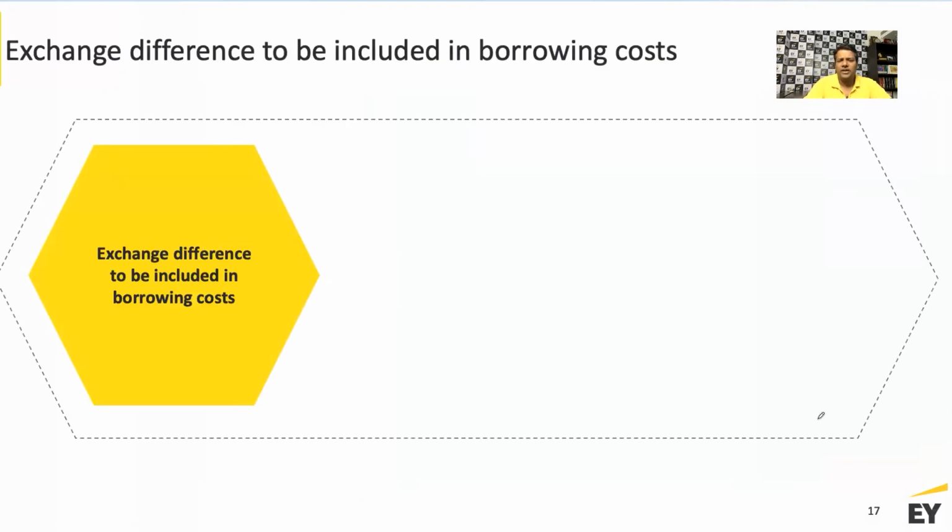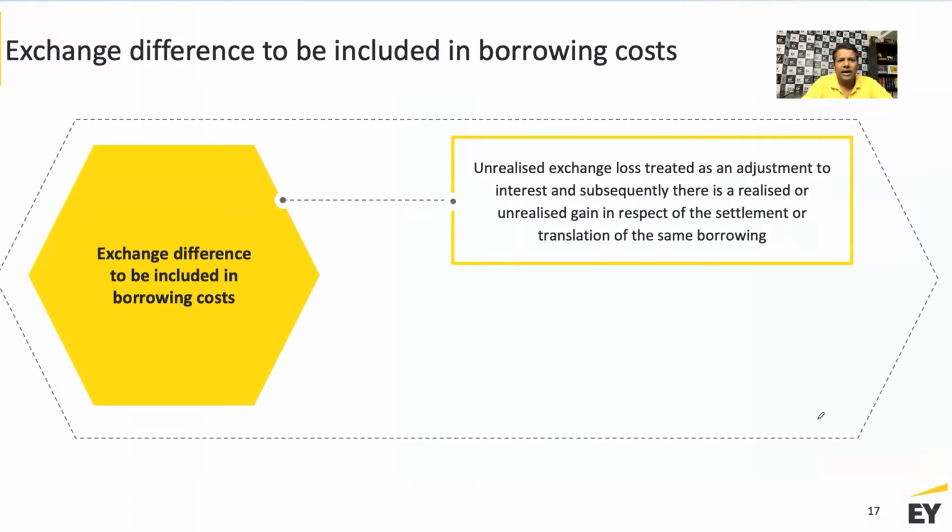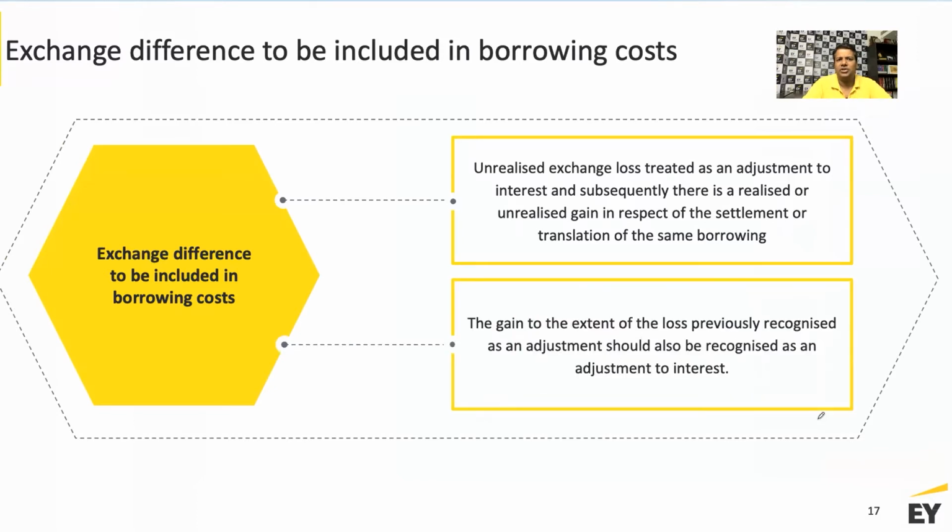So exchange differences to be included in borrowing cost are unrealized exchange loss treated as an adjustment to interest, and subsequently there is a realized or unrealized gain in respect of the settlement or translation of the same borrowing. The gain to the extent of loss previously recognized as an adjustment should also be recognized as an adjustment to interest.